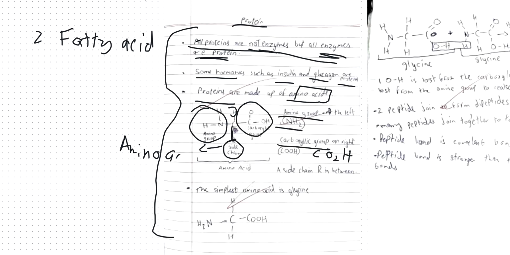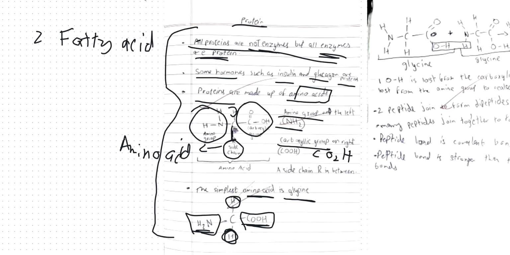Remember, the simplest amino acid that can be formed is glycine. Glycine is a carbon bonded to 2 hydrogens, one carboxylic group and one NH2 group. So you'll have NH2 and carboxylic group in all amino acids, but the thing that tells you which amino acid it is, is the side chain.